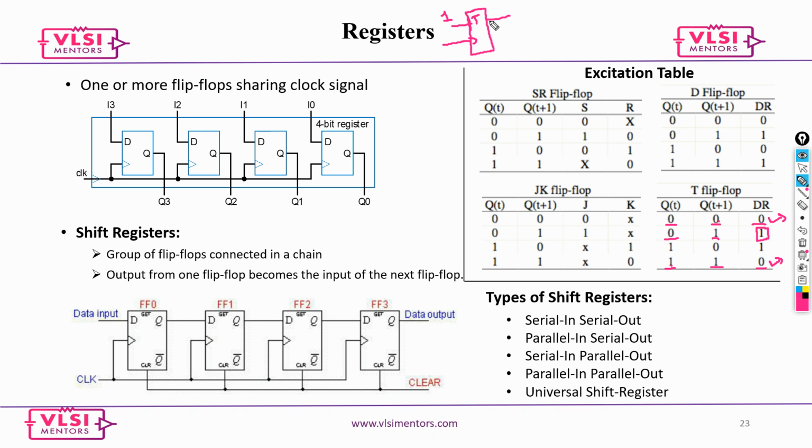If it is 0, it retains: if it is 0 it retains 0, if it is 1 it retains that 1. So you should know how to analyze this. If you look at only the D flip flop and T flip flop, you would be able to easily understand.